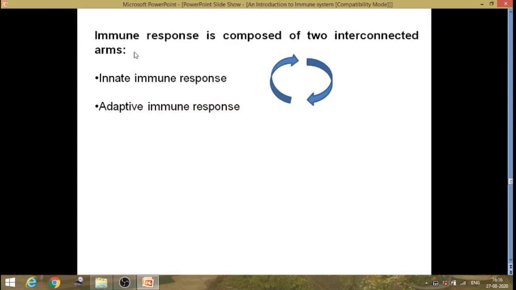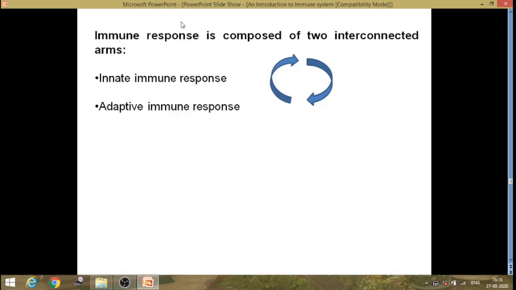Now, in case a pathogen breaches these barriers and gets inside our body, a huge immune response is generated against those pathogens.